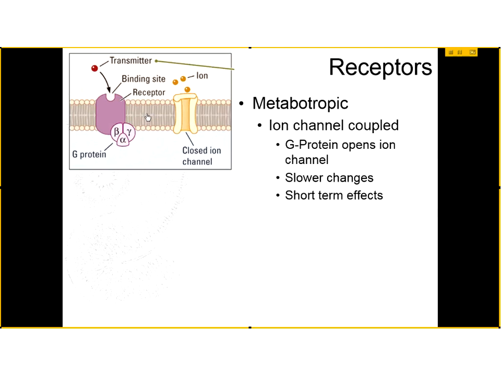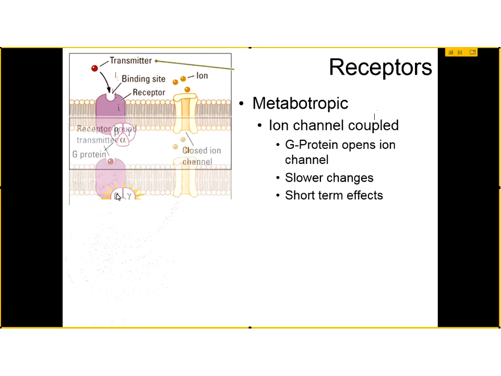Now, not all circumstances call for that rapid, very limited lasting effect. Metabotropic receptors can have longer effects, and we have two types of metabotropic receptors. One of them is coupled to an ion channel, and what happens is a neurotransmitter will bind to a receptor site or binding site, and that will activate a G protein.